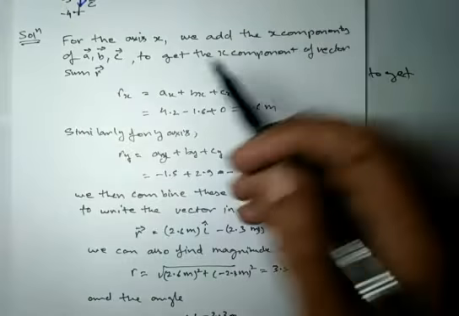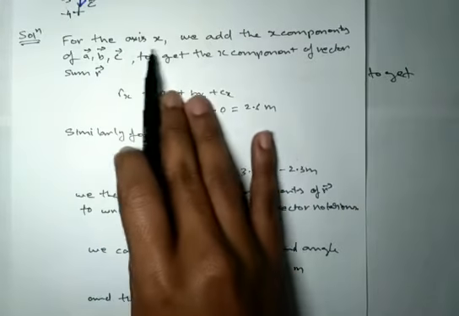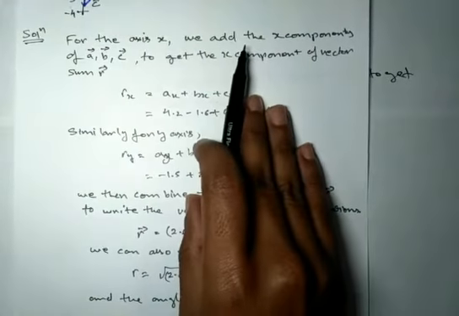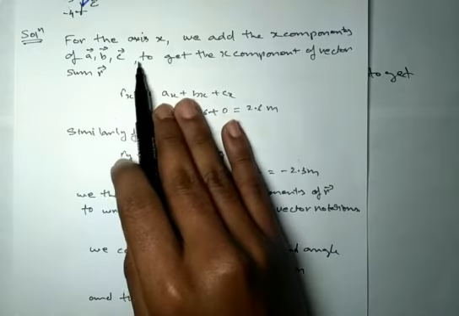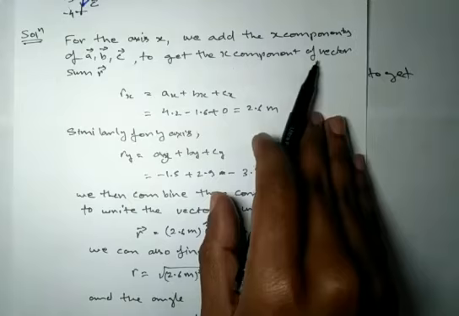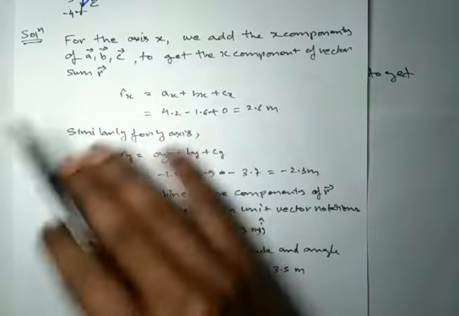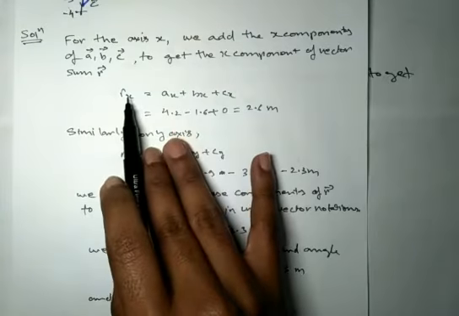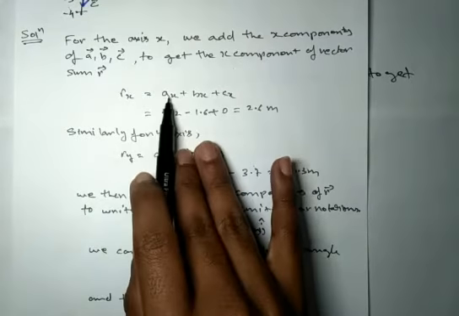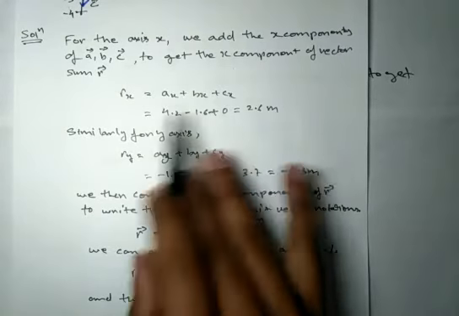So the solution of this question is, for the axis x, we add the x components of vector a, vector b, and vector c. Here we have vector a, vector b, and vector c, and this is the resultant vector. So the x component of r equals ax plus bx plus cx.